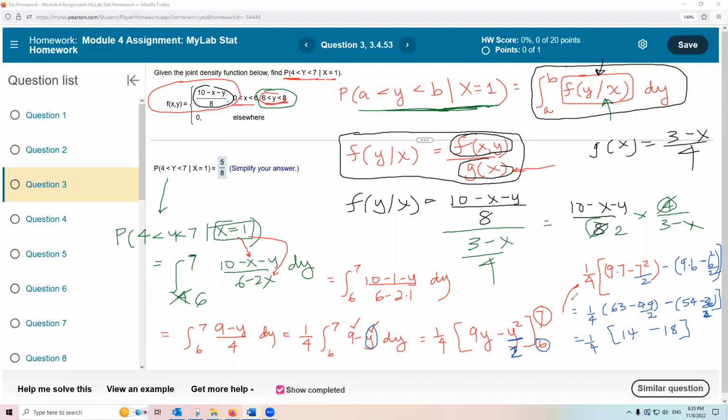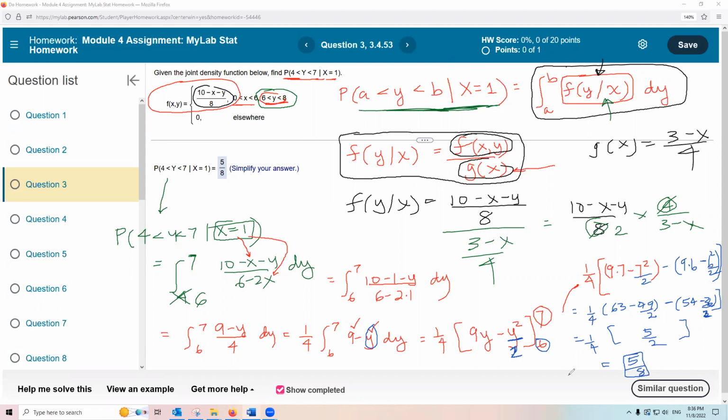Again, I'm going to go to my calculator and work out what's in these brackets. If I work that out on my calculator, this works out to be 5/2. And then I have 1/4 times 5/2, so 5/8 looks like the final answer on this one.